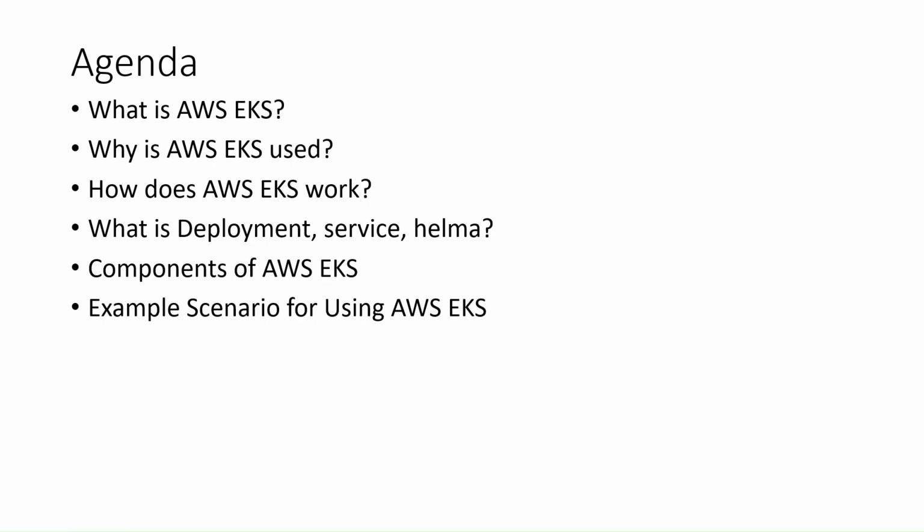When it comes to Kubernetes, having knowledge of deployment and service is quite important, and along with that, Helm is an added one. Then the components of AWS EKS, that is, what things we can get inside AWS EKS, and some example scenarios.